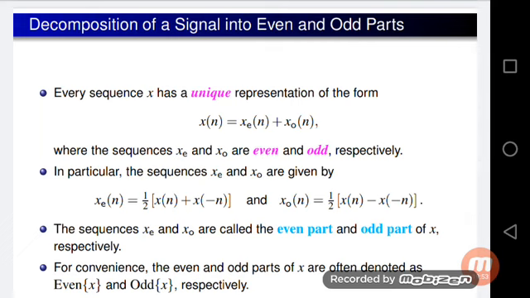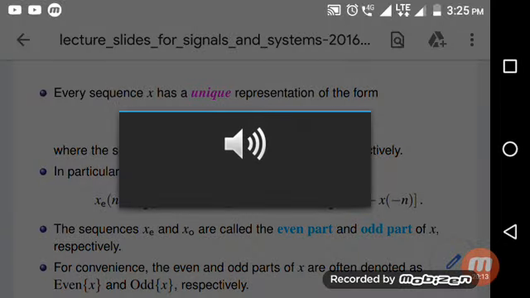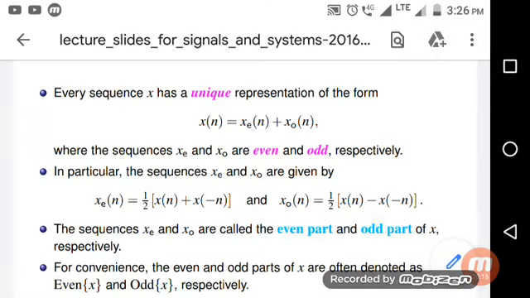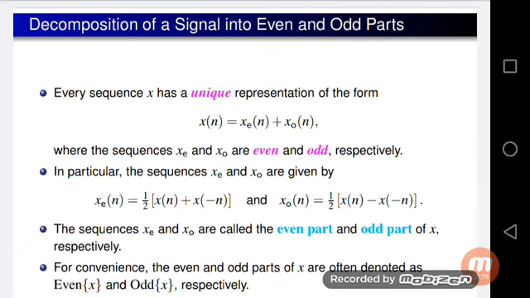The sequences xe and xo are called the even and odd parts respectively. For convenience, the even and odd parts of x are often denoted as even and odd respectively.